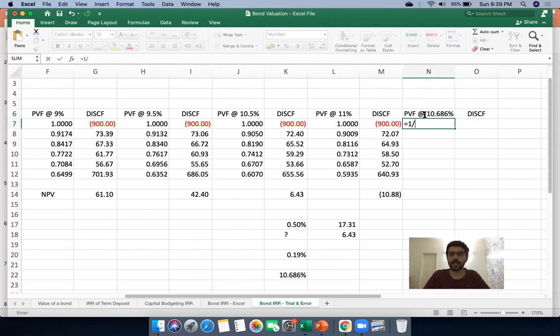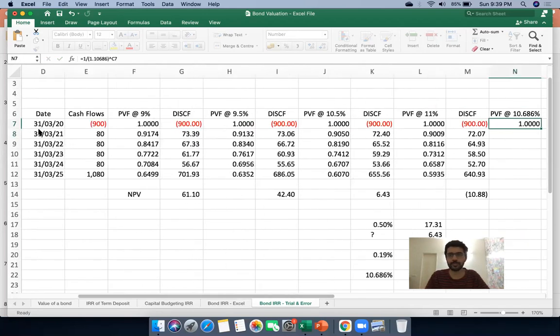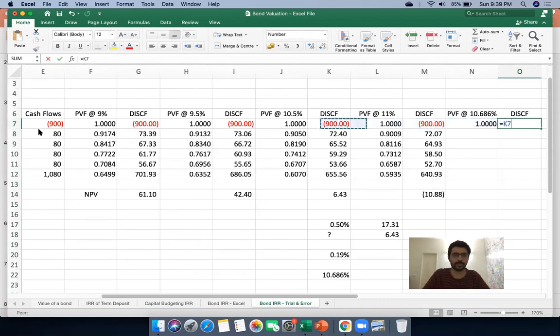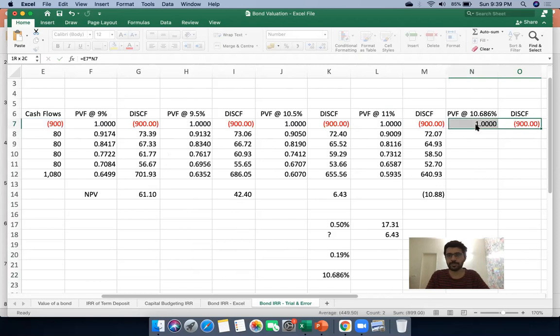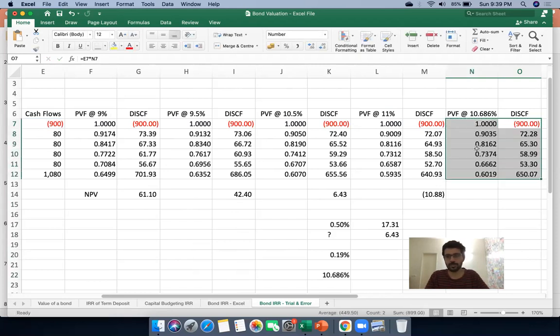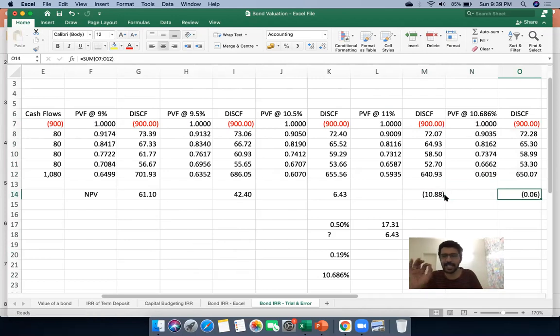It is nothing but 1 divided by 1 plus R whole power n. Okay, now if I actually calculate the NPV, see, it's slightly negative.